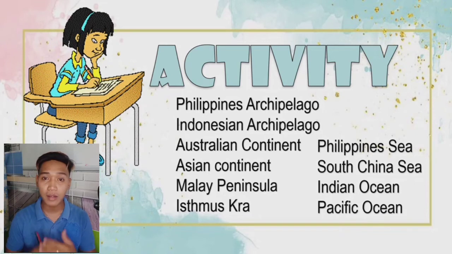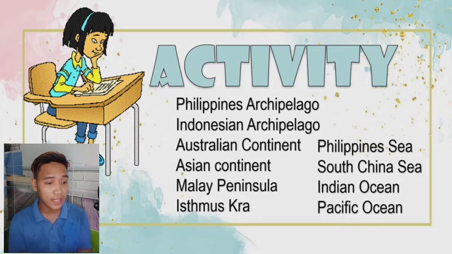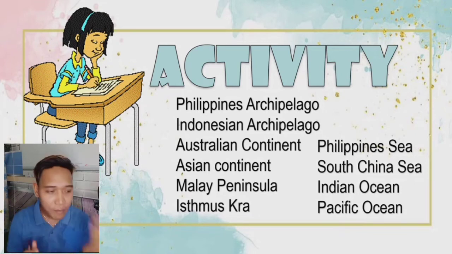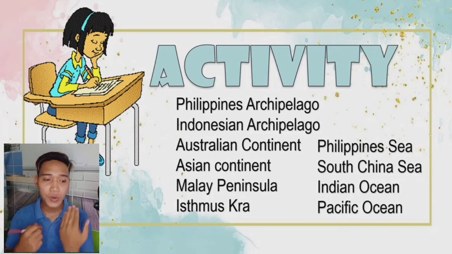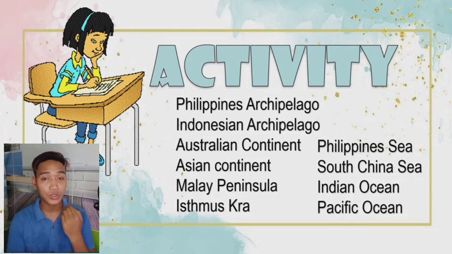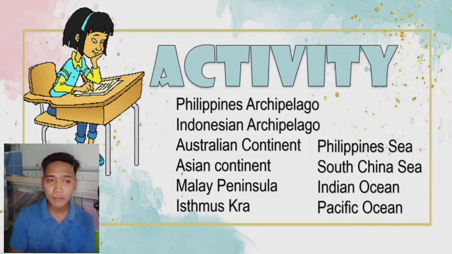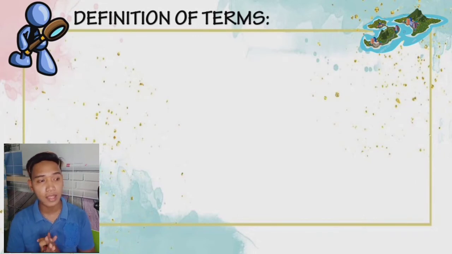So what have you found out on our activity this morning? Okay, very good. The tasks that you have done were to identify the different land masses and bodies of water that surround our archipelago. Before we move on, let us define some of the terms that you are going to encounter in this lesson.